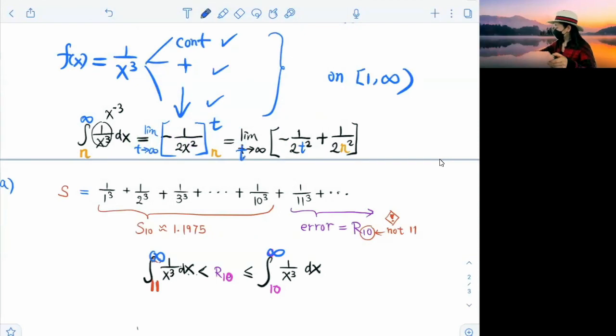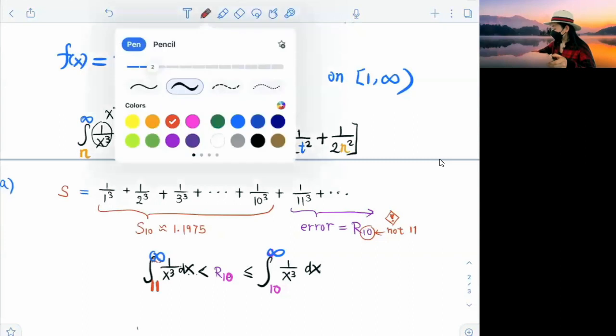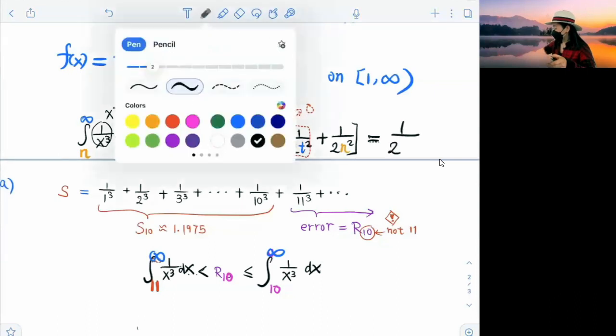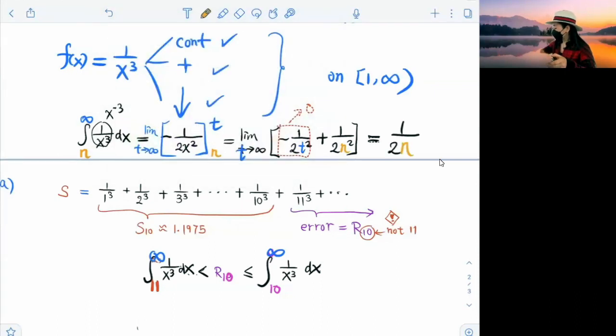As t goes to infinity, what happens to this? What does it go to? It goes to 0, right? Yeah, good job. So this part over here goes to 0, okay? And then this one here has no t in it, right? So when t goes to infinity, it stays as itself. So it's not going to change. So this is 1 over 2n squared, right?